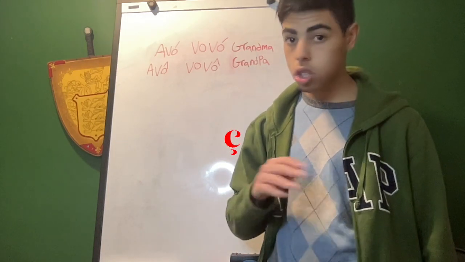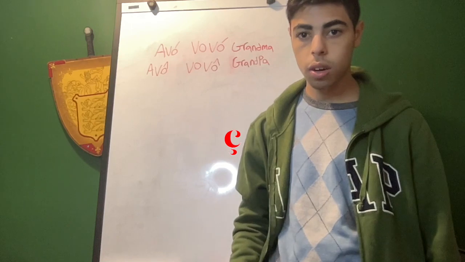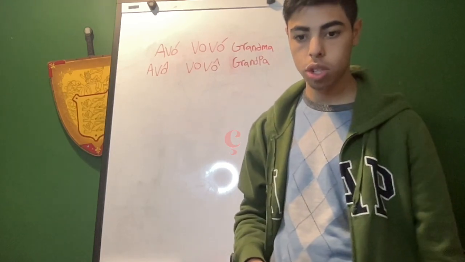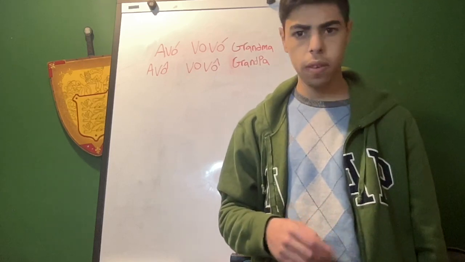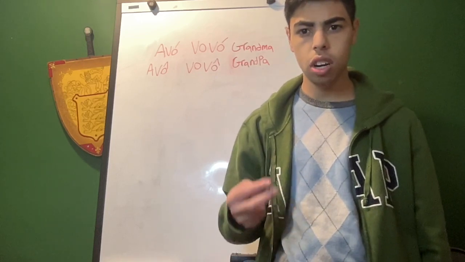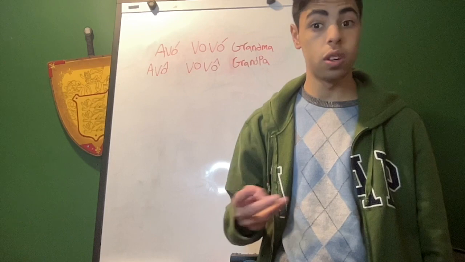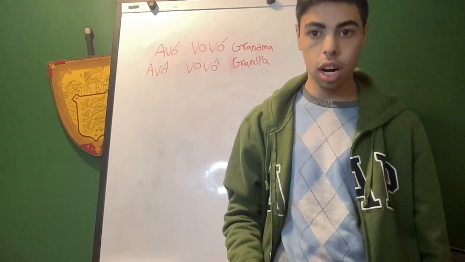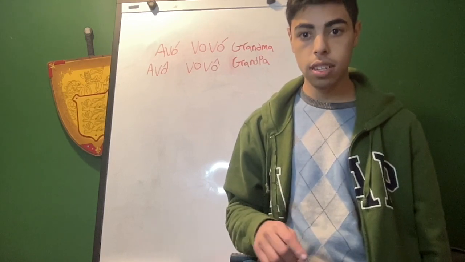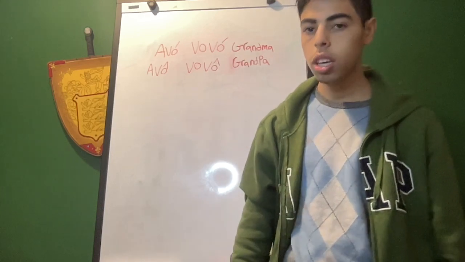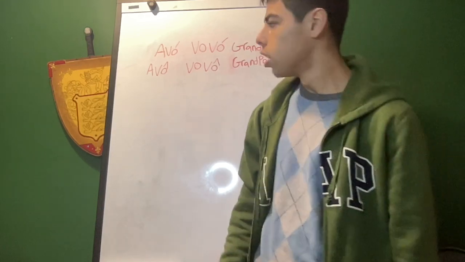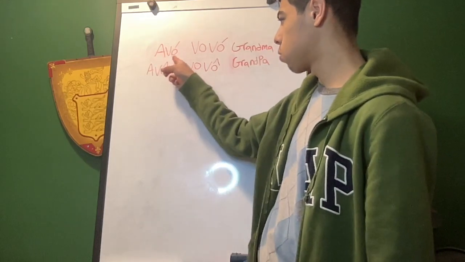It does not start a phrase or a word in Portuguese, and there are a few letters that it doesn't go with, I think CL, CR, and a few others. But there are also letters that follow that cedilha C. But anyways, back to the lesson. That is the first one.